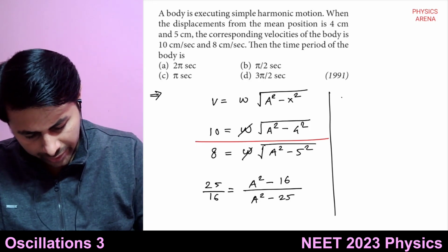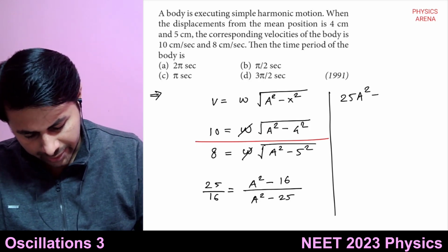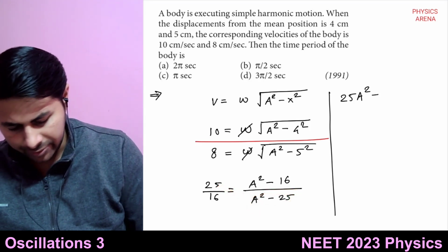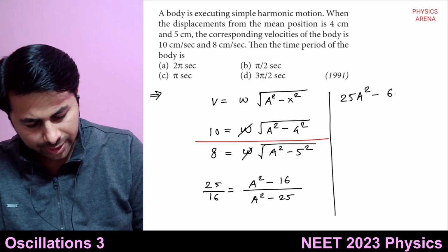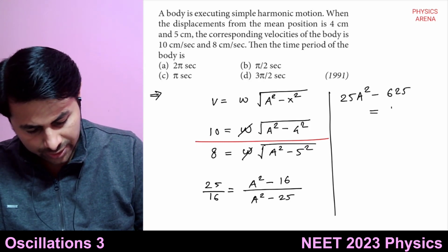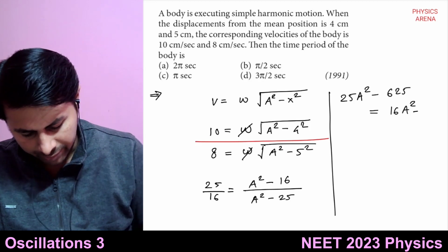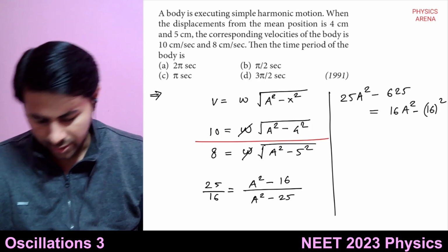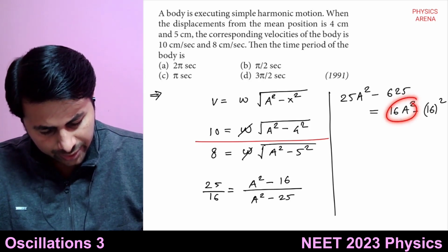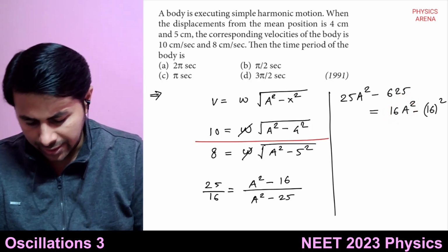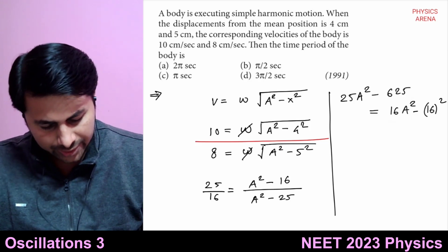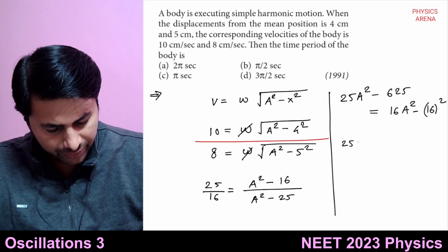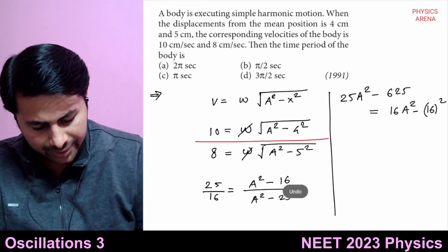Multiplying, 25a square minus 625 equals 16a square minus 16 times 25... taking 16a square on the left-hand side and 625 on the right-hand side, it is 25a square minus 16a square is 9a square.